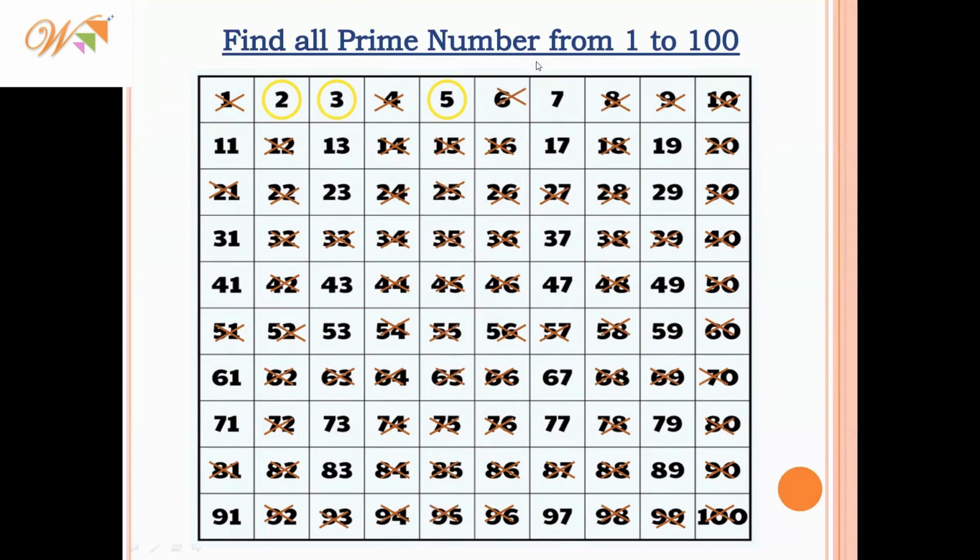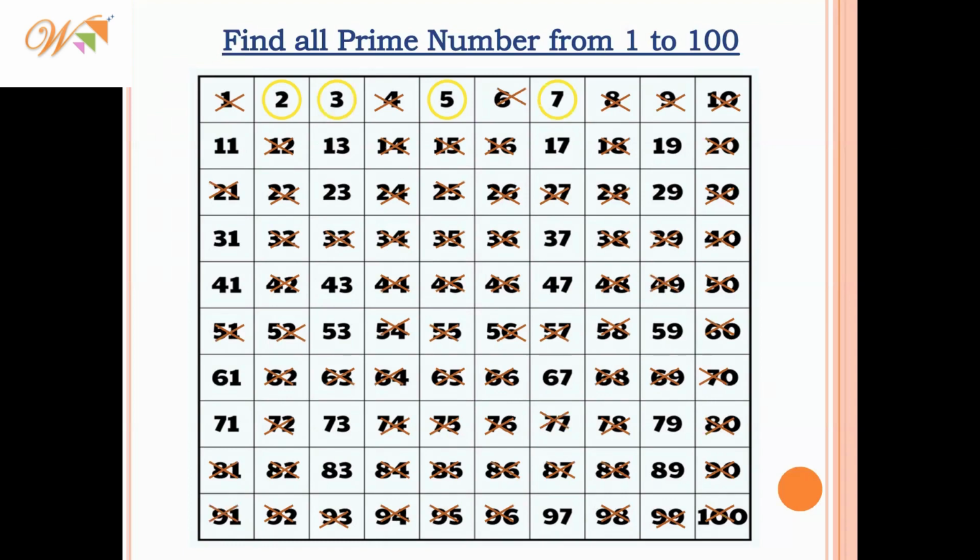Now the next number left in the first row is only 7. So I will highlight 7 because 7 is also not divisible by any other number except 1 and 7 itself. Then I will cut all the numbers that are divisible by 7. So 7, 14, 21, 28 and so on.